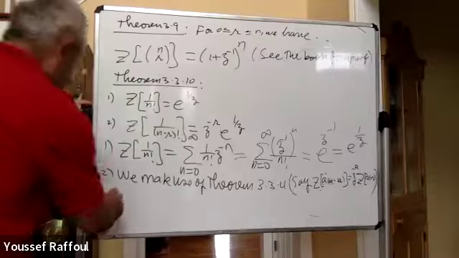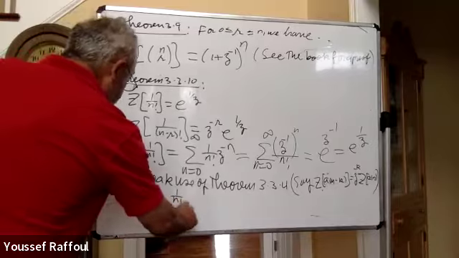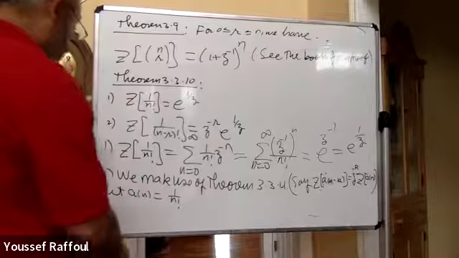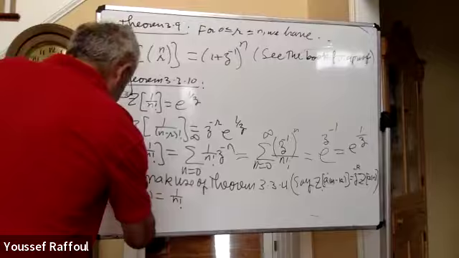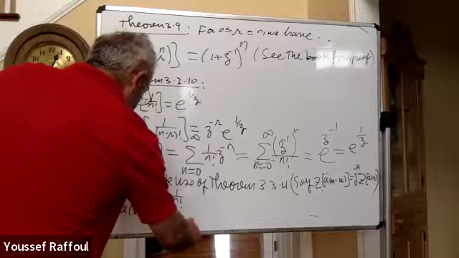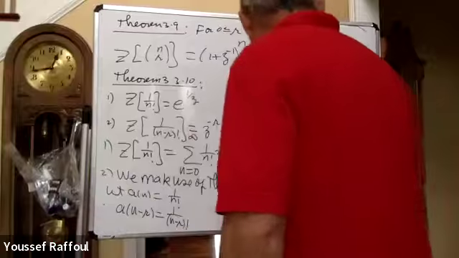So if we let a_n equal 1 over n factorial, then a_(n minus r) is 1 over (n minus r) factorial. So r is k.